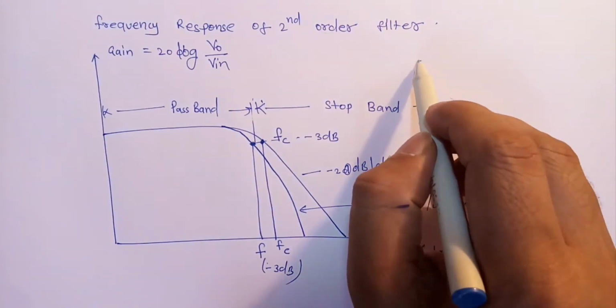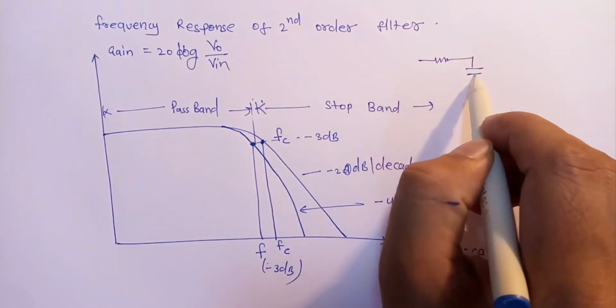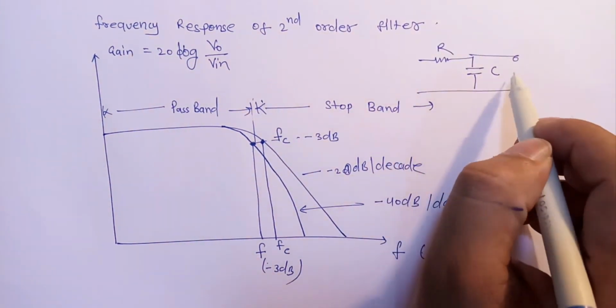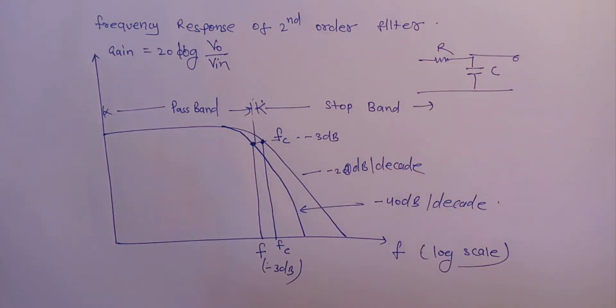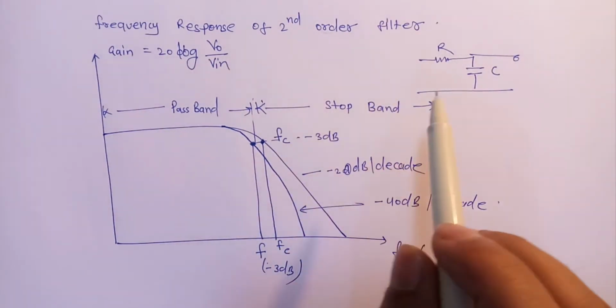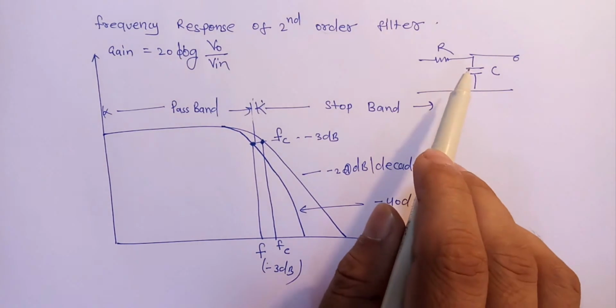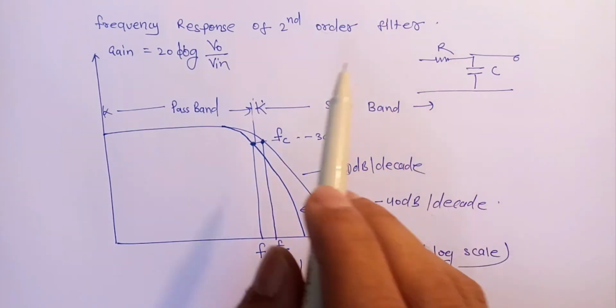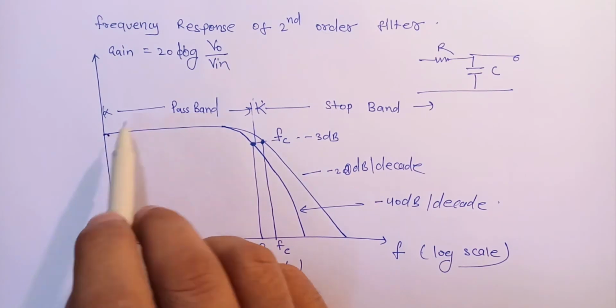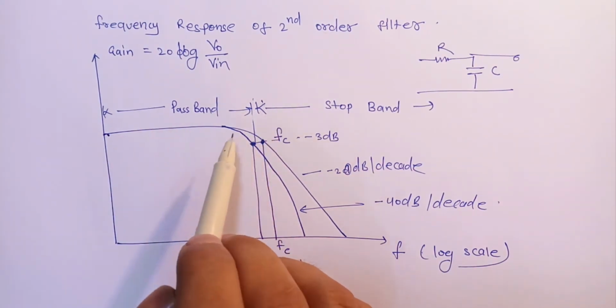So in summary of the low pass filter, a low pass filter has a constant output voltage from DC 0 Hz up to a specified cutoff frequency point FC.